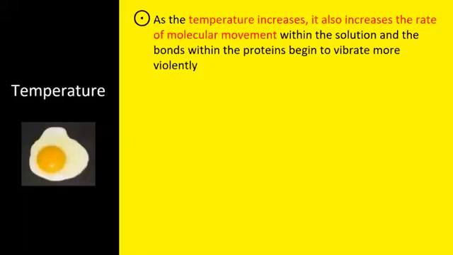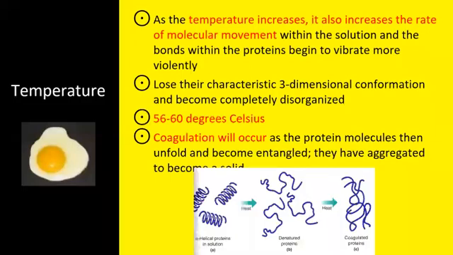Okay, so let's cover first the temperature. As the temperature increases, it also increases the rate of molecular movement within the solution, and the bonds within the protein begin to vibrate more. So they coagulate when the temperature rises; they harden or stiffen. They lose their characteristic three-dimensional conformation and become completely disorganized.